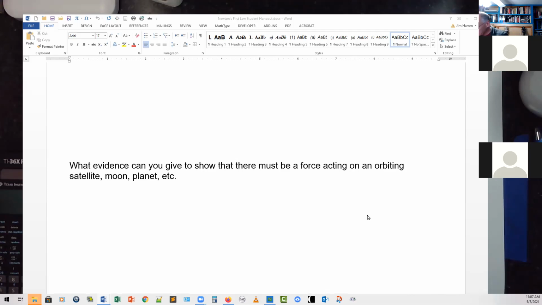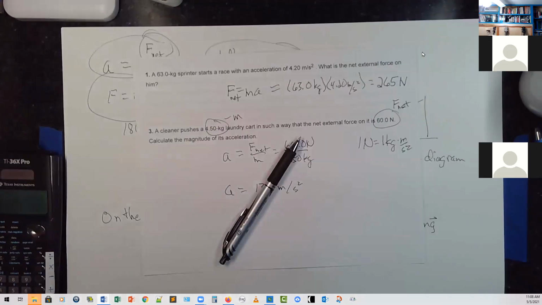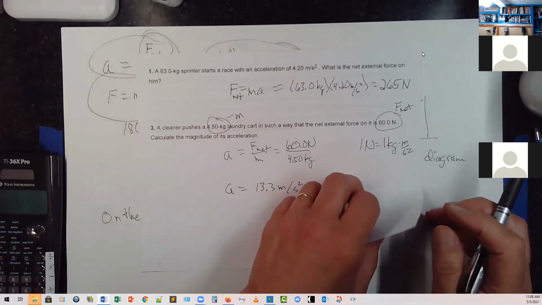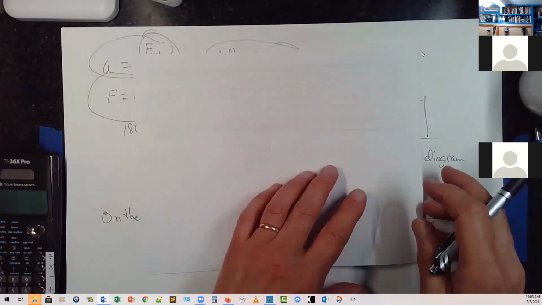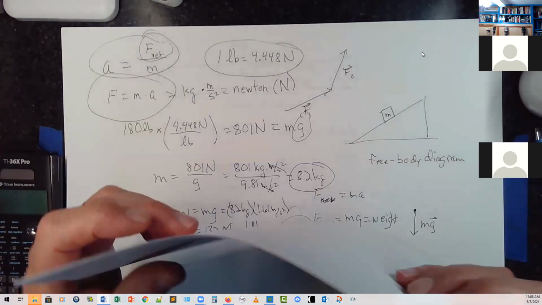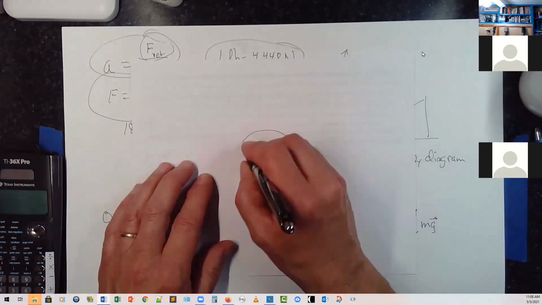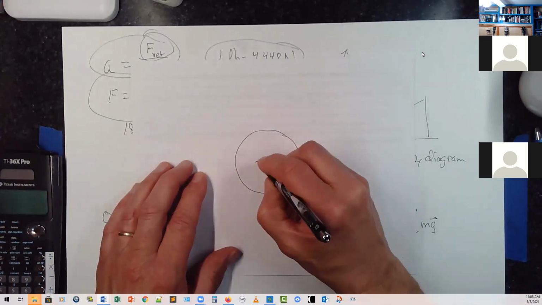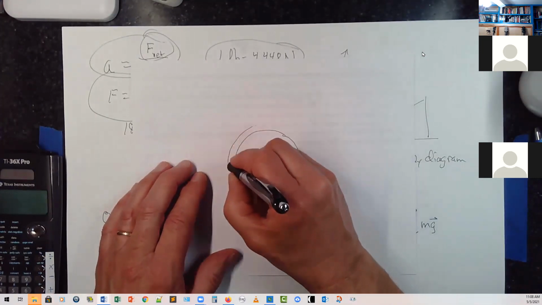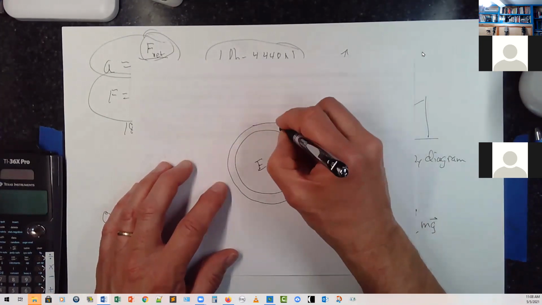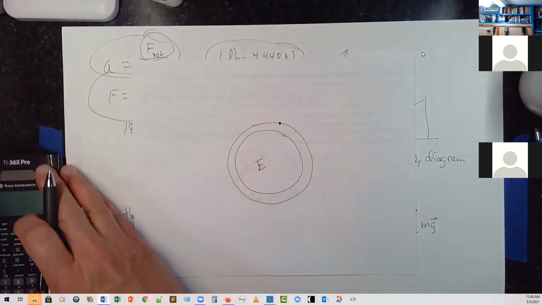So going back to drawing a circle here, I can shrink this one down. An object in low Earth orbit, for instance, is going roughly 17,000 miles an hour, which is a pretty good clip. So if this is the Earth, and then we just draw an orbit for something that's orbiting it, okay, let's suppose the satellite is there at some instant.